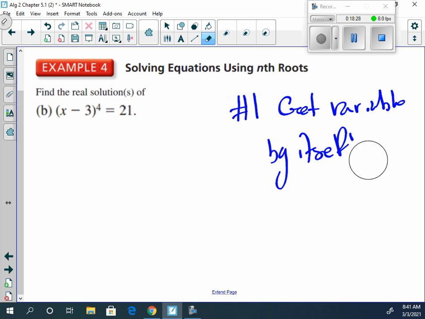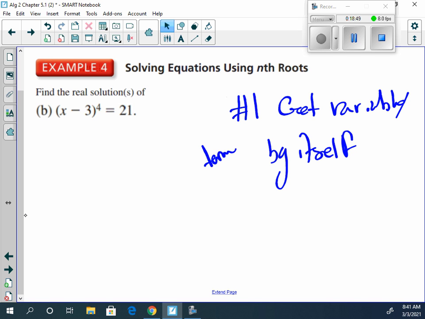Why don't we say variable or term? Because really we're wanting whatever it is to that power by itself. Now it worked out for the first one, we could say variable.